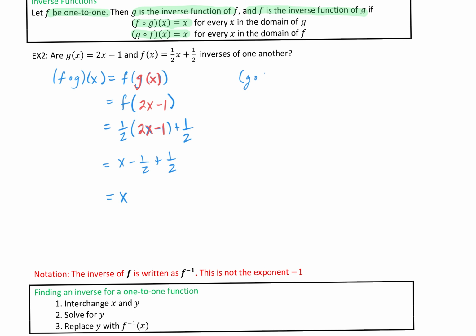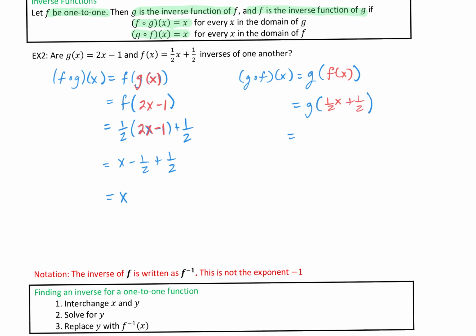So now let's check g of f of x, which is g of, we're putting f of x into g. So that's g of 1/2 x plus 1/2.